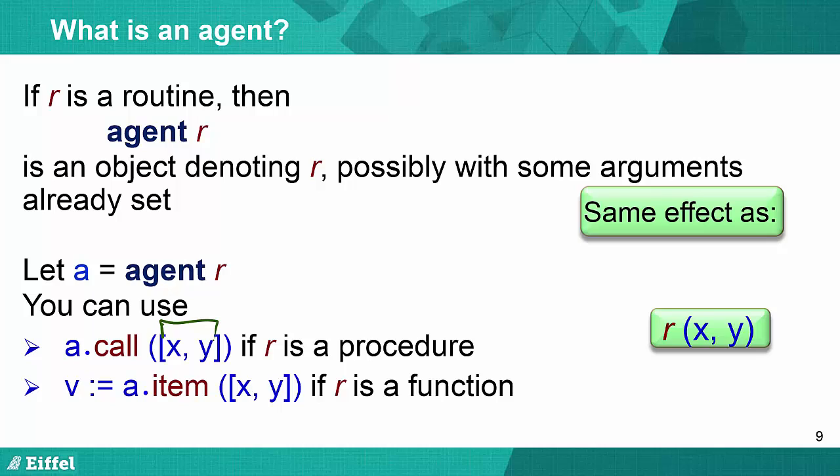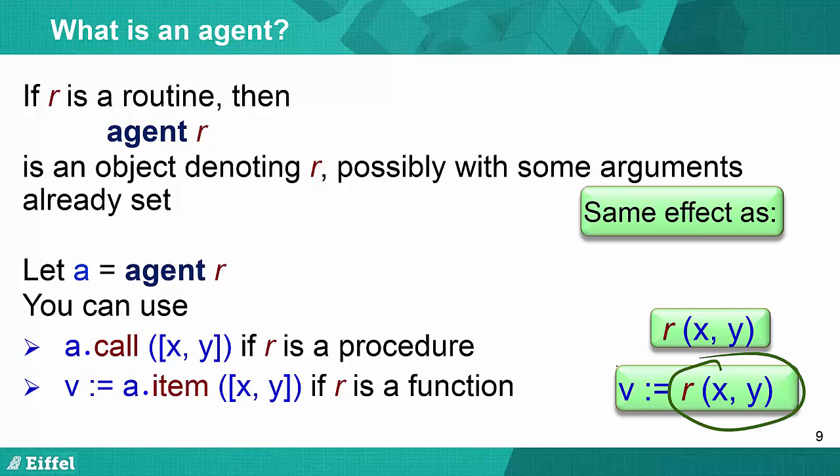It's a library mechanism, so it must be applicable to any kind of routine whatsoever with any kinds of arguments. And so for static typing purposes, we need to make sure it is well behaved for the Eiffel type system, meaning it's a tuple. And same thing for item. Using a.item is the same thing as, in this case, calling R directly, and so we get a result that we could, for example, assign to some variable v.